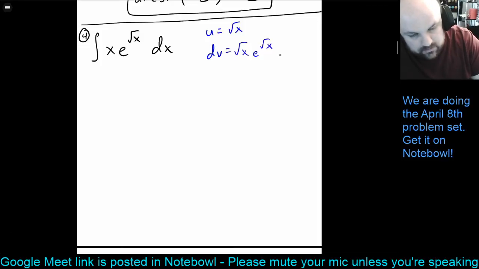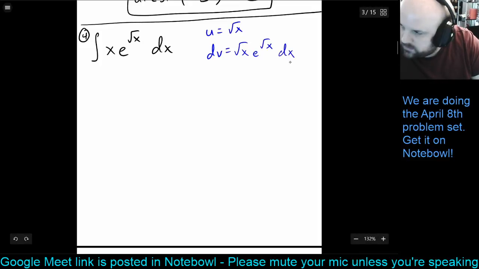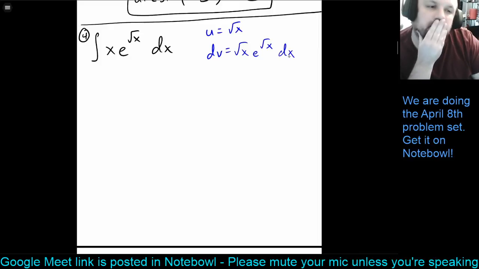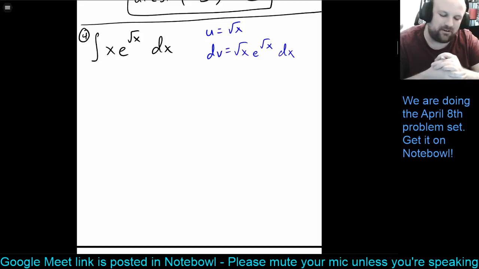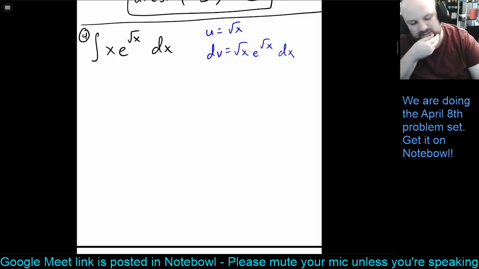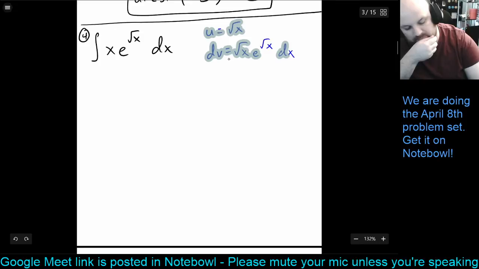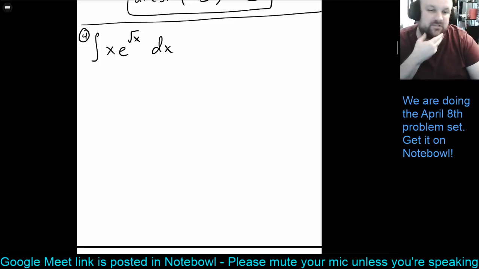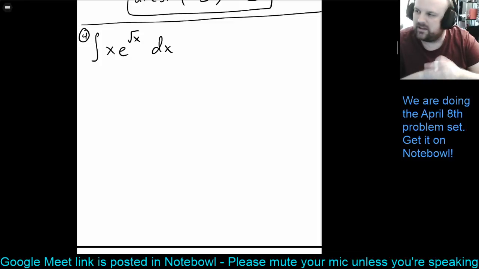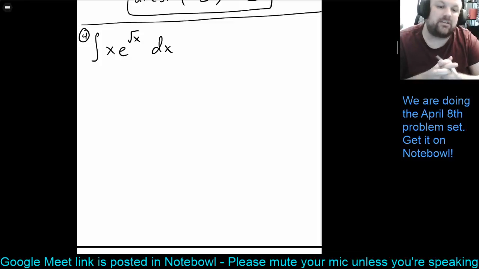Does that work? Even that gives some problems, actually. So more of the story here is it seems like we want to do integration by parts, but there's actually nothing that's really going to work here. I know there is a choice you could use here, but it's just going to make the integral worse. But the point here is that integration by parts is not the answer for this problem.